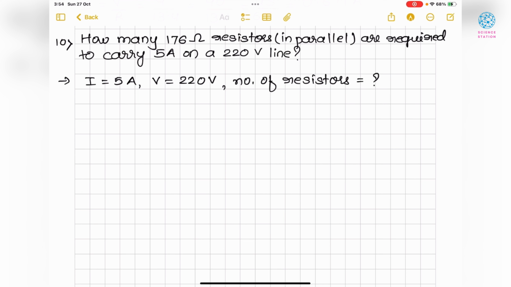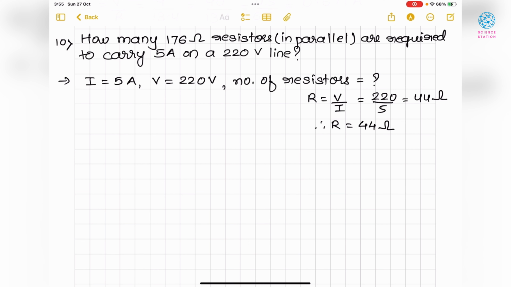Now first of all, R will be equal to V upon I. So that will be 220 upon 5, so that is 44 ohm. So therefore total R should be 44 ohm.